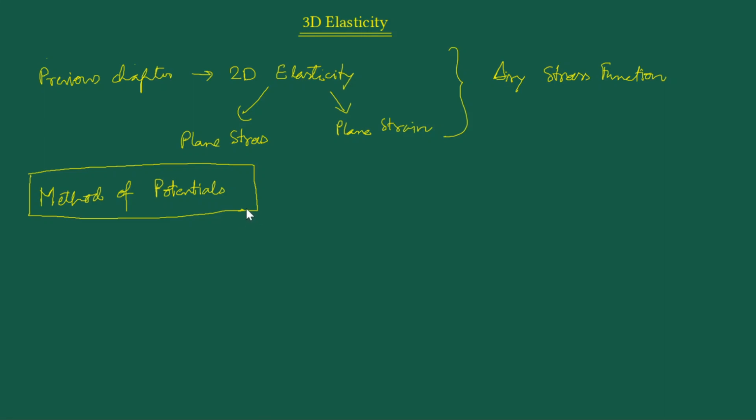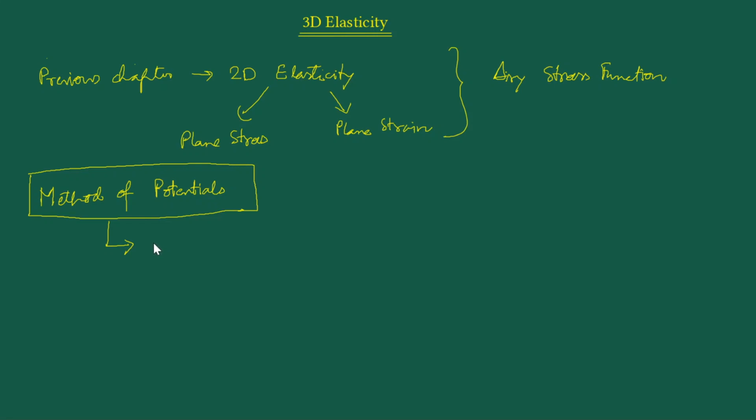Within this method of potentials, there are a number of different ways we can proceed, and the main difference you will find with the Airy stress function approach is that while the Airy stress function directly represented the stresses, the sigma xx, the sigma xy, and the sigma yy, or equivalently the sigma rr, the sigma r theta, and the sigma theta theta, in this method of potentials, at least within the scope of our studies in this chapter, we are not going to consider any stress potentials.